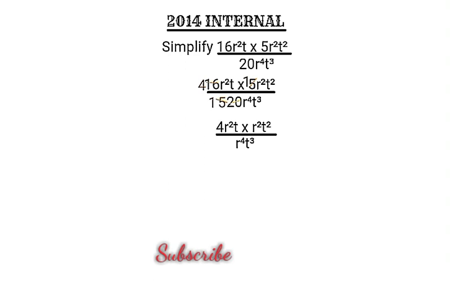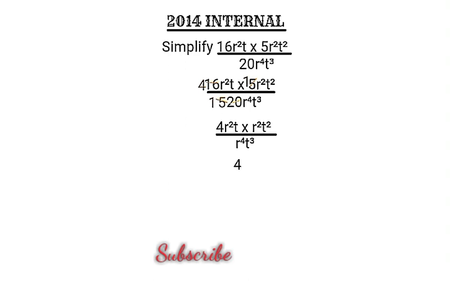Now at this stage you need to understand that when you multiply terms with the same base, their powers are added. So we have 4r squared t, so we are going to multiply 4 by 1, which will give us 4. The 1 we said we can ignore is the one we have multiplied with 4.